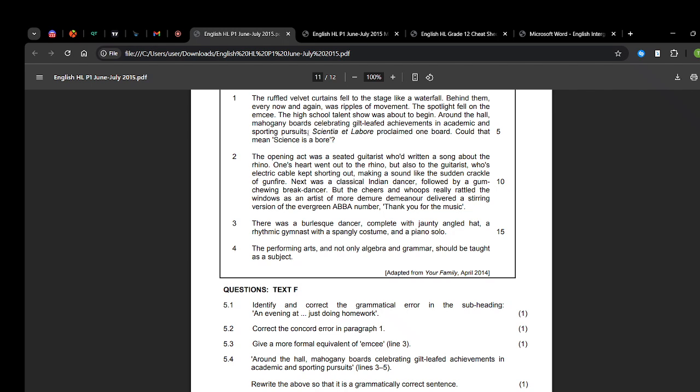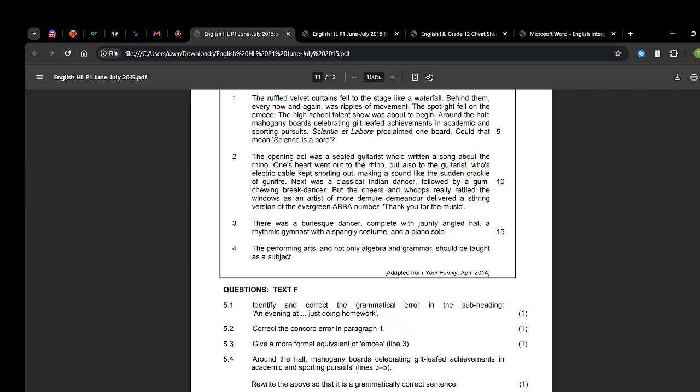100%. The one with "celebrated" instead of "celebrating" is also correct. But I would also add, remember, guys, in this type of question, you are also allowed to change the structure of the sentence to make it correct. So around the whole mahogany boards, I would have said "around the whole there were mahogany boards celebrating gilt-leafed achievements." I'm adding "there were."